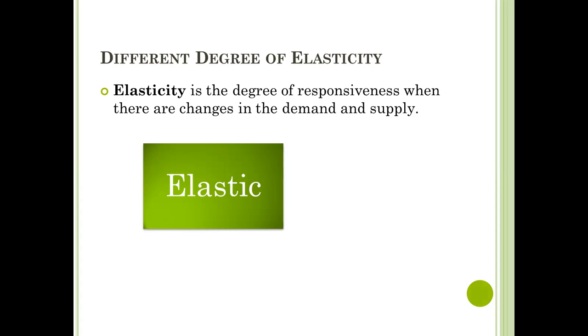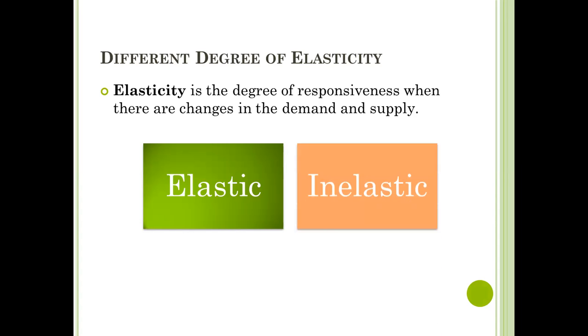So if there is a greater change, the degree of elasticity is elastic. For inelastic, when there is a lesser change in quantity demanded or supplied, the demand or supply is inelastic.